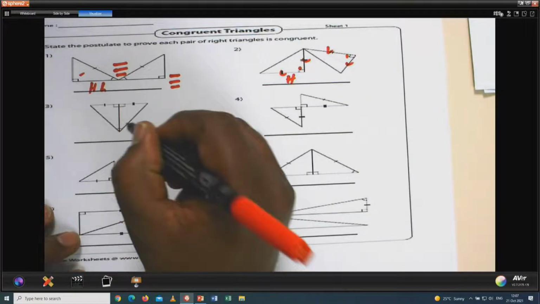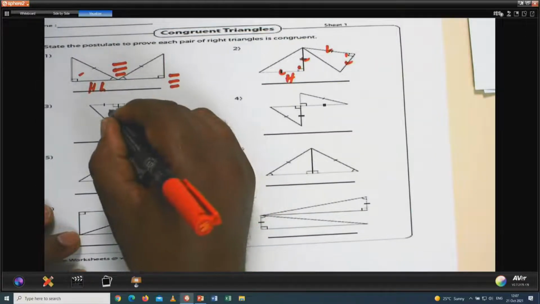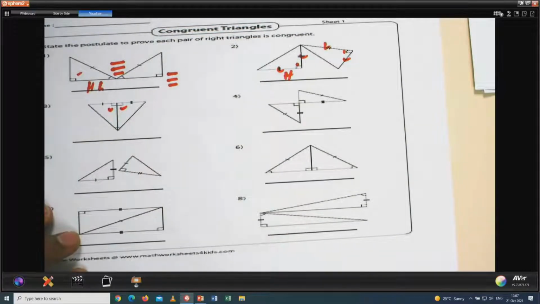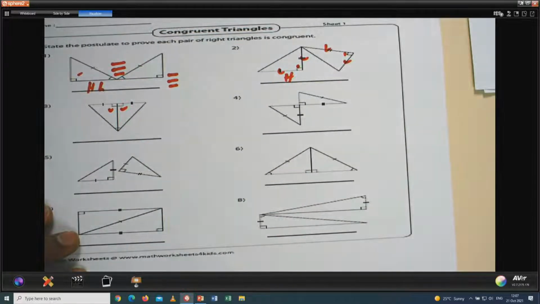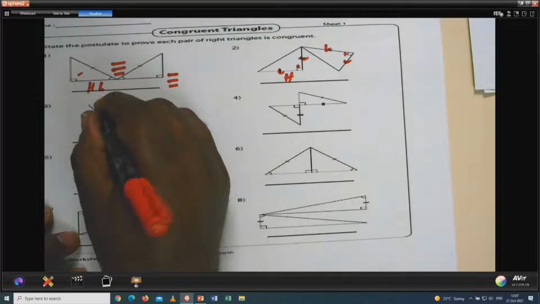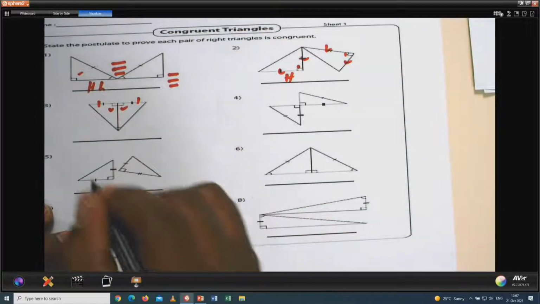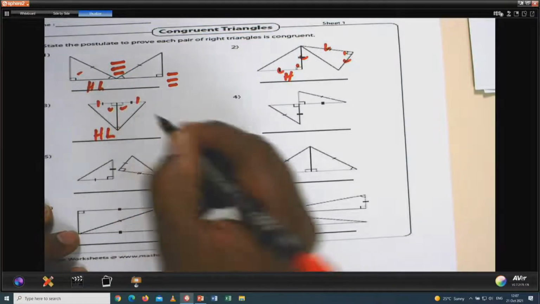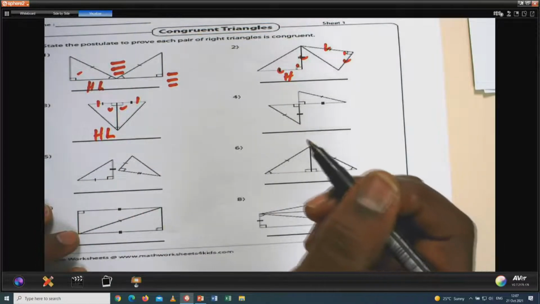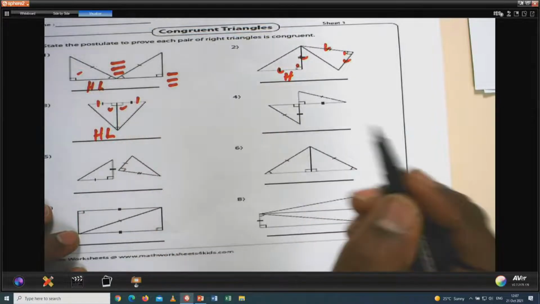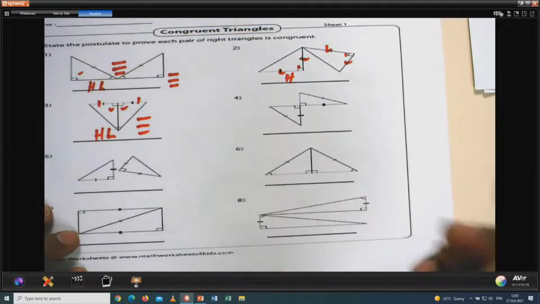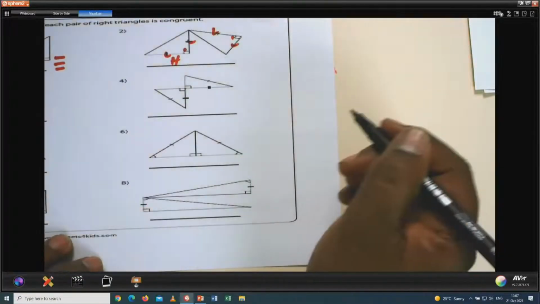Now let's go to this one. What do we have here? We have 90 degrees. What else do we have? We have got one side equal. Therefore, hypotenuse and the length of one side equal, then we can say they are congruent. Right, let's look at this one.